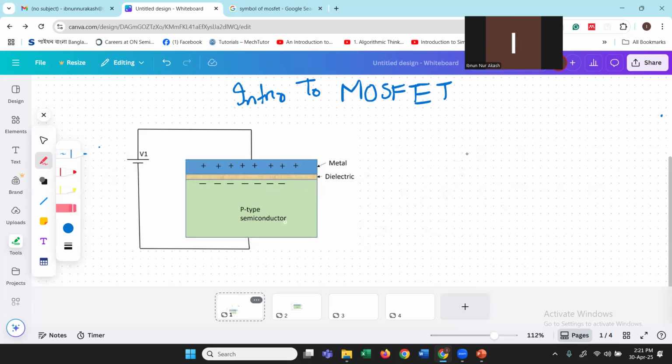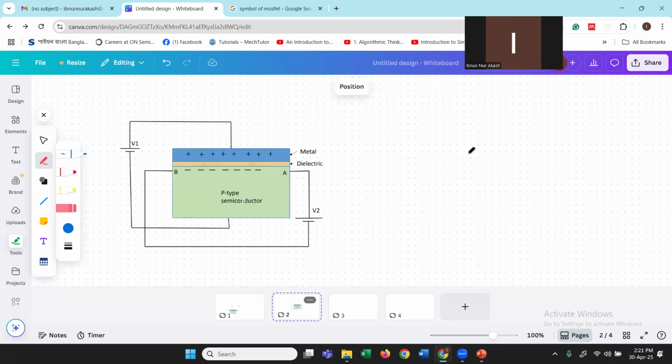So we need to create a new connection around the semiconductor, as follows. In this figure, you can see I have created one more connection and used one more battery around the p-type semiconductor. As I've said, we already have created our channel, which is free electrons, and then we have connected a battery around these two terminals.